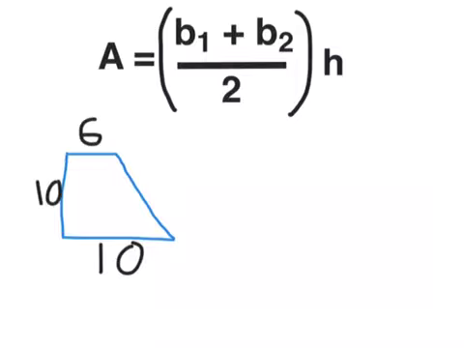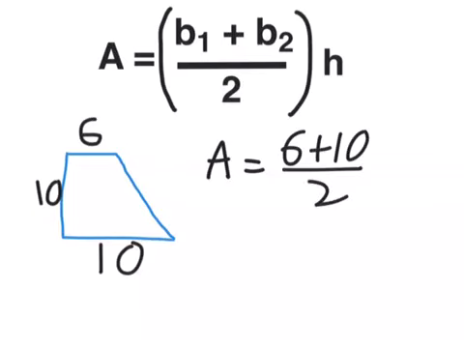Okay, so we're going to do a couple quick problems. So I'm going to take a look at this trapezoid and try to find the area. So we know that the area equals base 1 plus base 2. Well, base 1 and base 2 is going to be 6 plus 10, all over 2 times the height, and the height is 10.